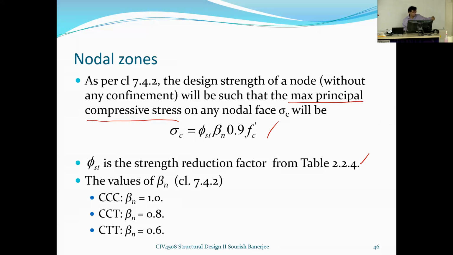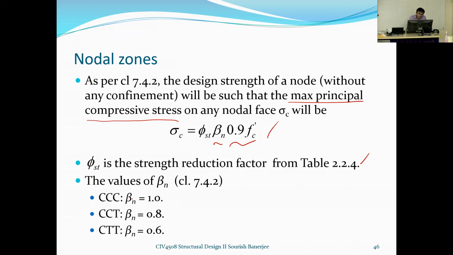Beta n, one could actually view it as the nodal efficiency factor. Remember, this n stands for the node here. So beta n is a factor, then 0.9 times f prime c is the compressive strength of the concrete, which is understood. Phi st is the strength reduction factor, that is also understood.